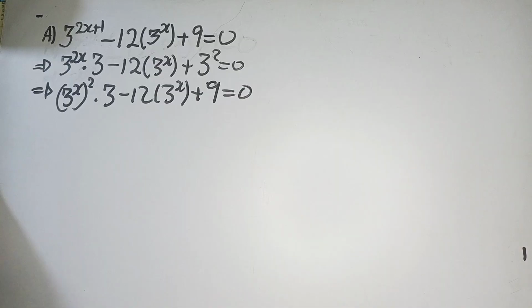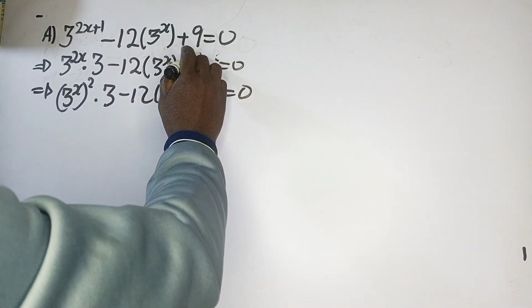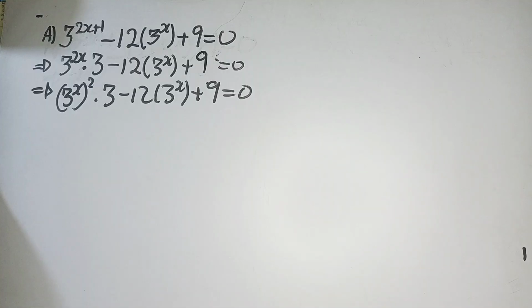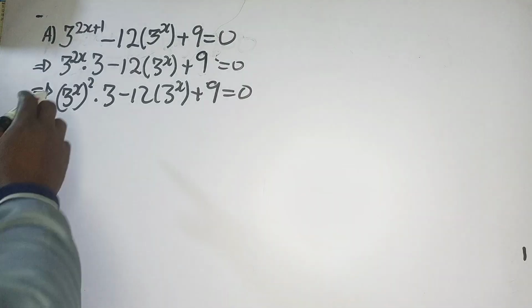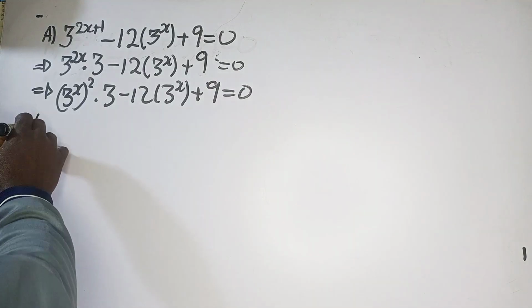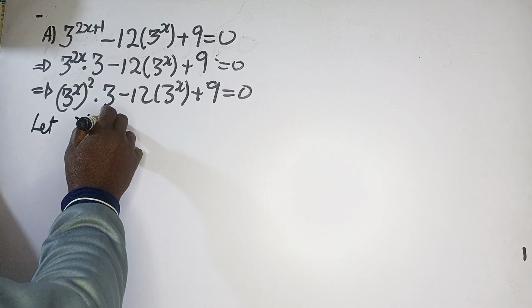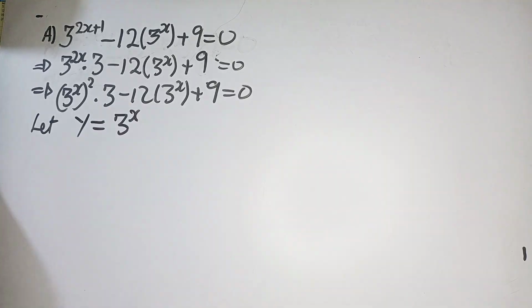All right, so we've finally written this exponential equation in terms of 3 to the x. This is 3 to the x squared, this is 3 to the x. So it will make sense if we make a substitution to facilitate our work. Let us make the substitution y equals 3 to the x. So wherever I see 3 to the x, we write the variable y.